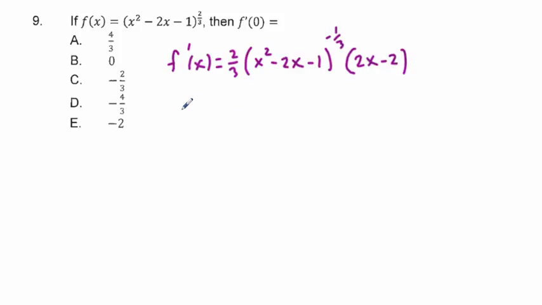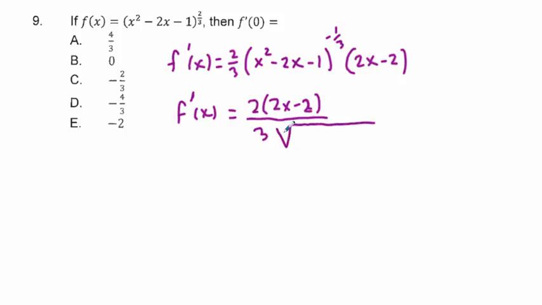So f prime of x is going to be equal to 2 times quantity 2x minus 2 over 3 times the cube root of x squared minus 2x minus 1.